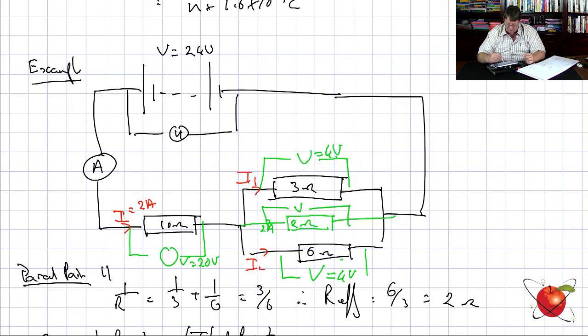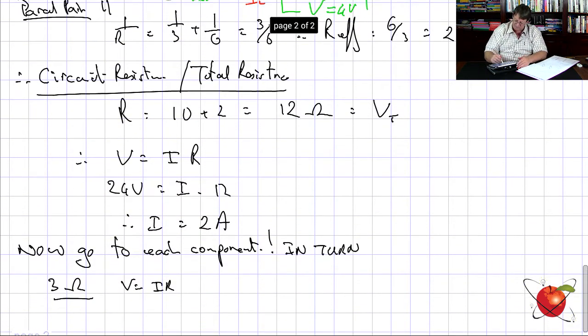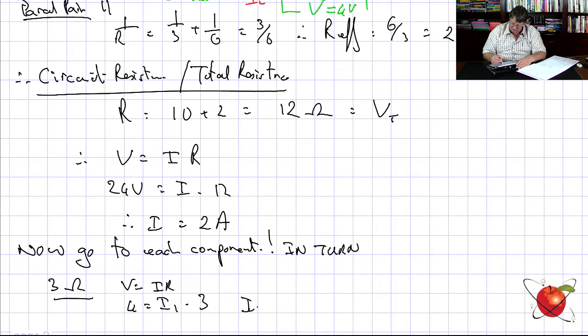Therefore, I have my answer as 4 volts. Now I can go to each resistor in turn. V over here, 4, is equal to I, which is I1 in this case, times R, which is 3. Therefore, it's 4 over 3 amps.